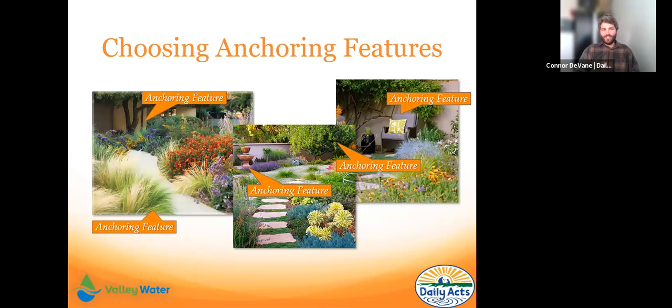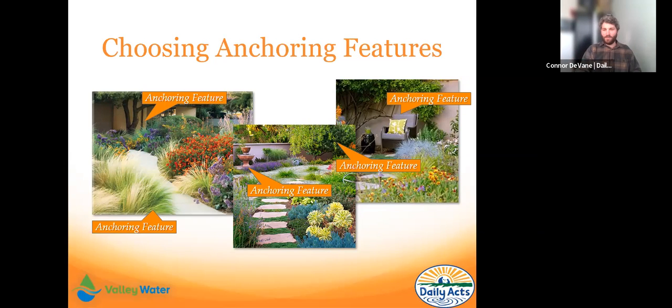An anchoring feature is kind of a fancy term for a focal point, simply an element in the landscape that draws the eye. On one hand, they're a useful design tool because they're easy to design around, and they help you tell a story in a landscape in a way. But it's also just a useful first mark on what can sometimes be an intimidating blank canvas.